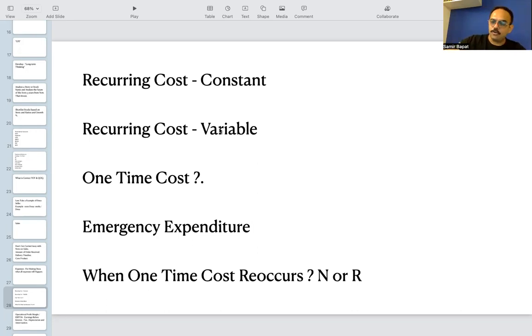Initially, your revenue might come 100 dosas additional for that additional equipment, then 200, 300, 400 dosas. Ultimately, it will reach the full capacity of the expansion. So one time cost for expansion is good. Agreed? How many of you agree that one time cost for expansion is good?